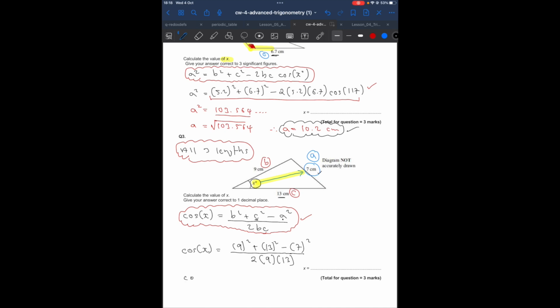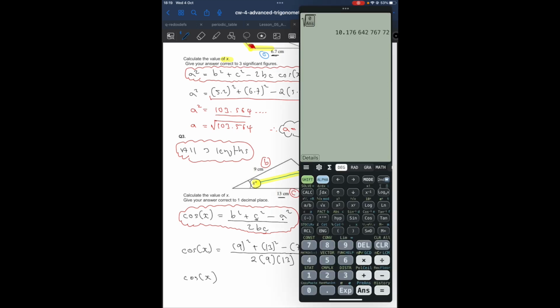All we then have to do is just type in the right-hand side of this equation. We're just typing the right-hand side into the calculator because we're trying to work out cos x. So we just need to get the calculator up. If I just clear everything off, the first thing I need to do is press the fraction button, and on the top, open a bracket.